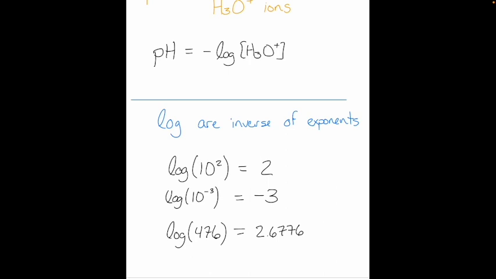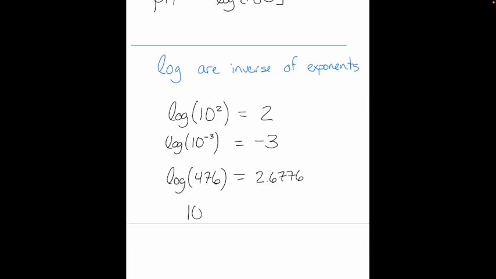So what does this mean? Again, this is the inverse of an exponent. If we take 10 and raise it to the power of 2.6776, and you actually copy and paste the number on your calculator, you will see that you get a value of, drum roll, 476. You get that same number back out.